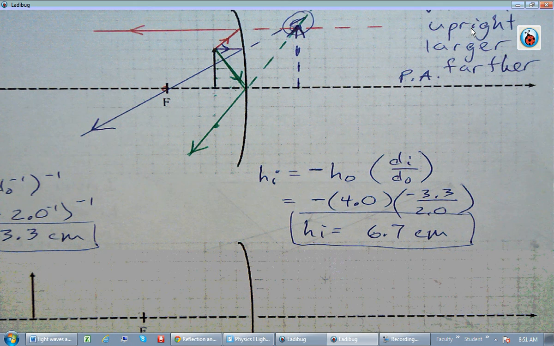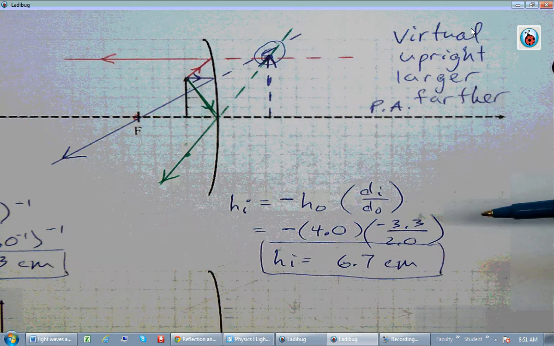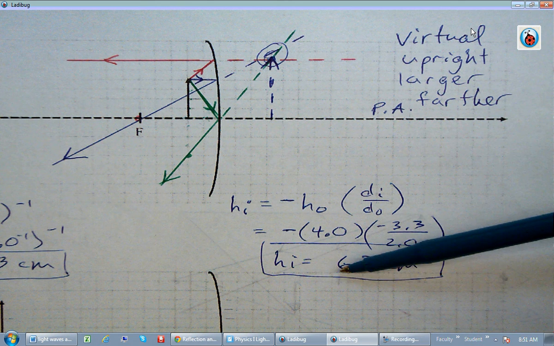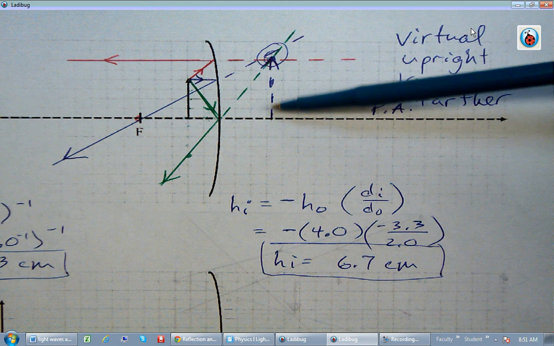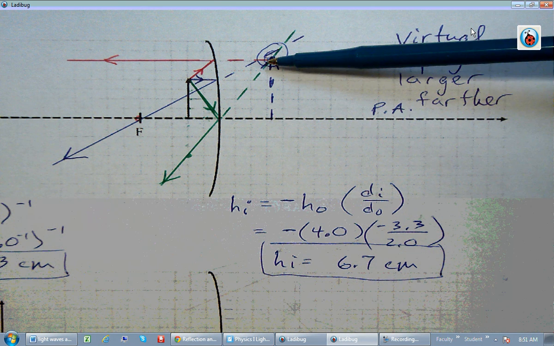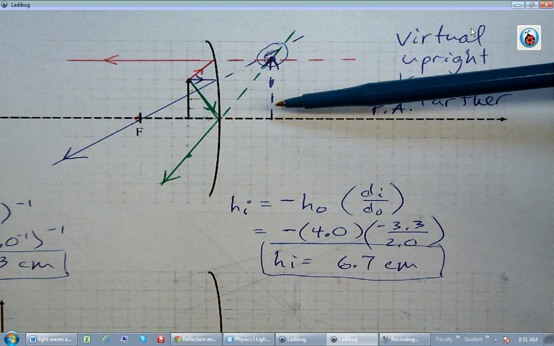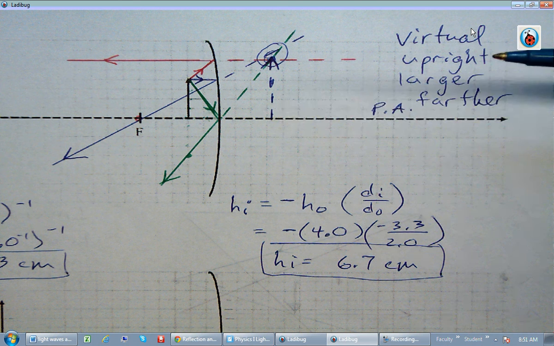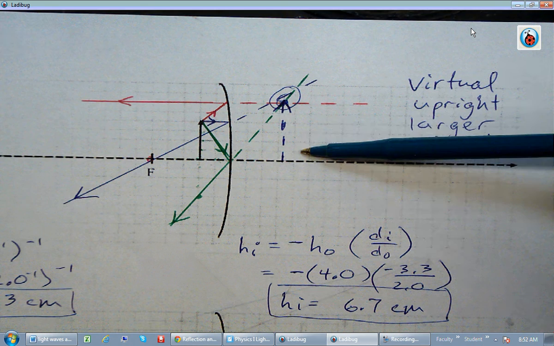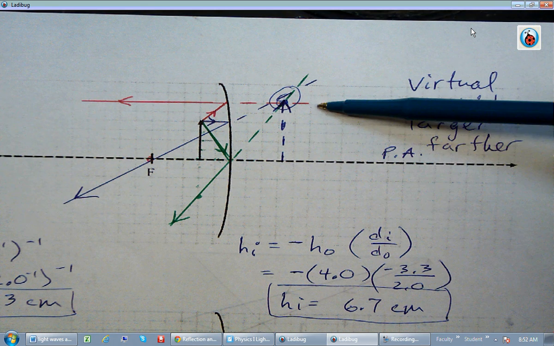And then let's look what this means in terms of how it corresponds to our diagram. A positive image height means that the image is upright. So when you see this in the mirror, it's kind of like when you see yourself in a flat mirror, you are upright, you're not flipped over. So in this case, that's corresponding to what we drew. And a height of 6.7, if I count squares here, 1, 2, 3, 4, 5, 6, and a little bit more.